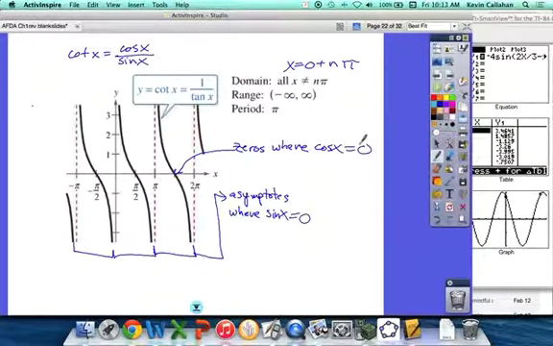And if you notice, and kind of expected, its period is pi. Just like with the tangent, the period is pi, not 2 pi.